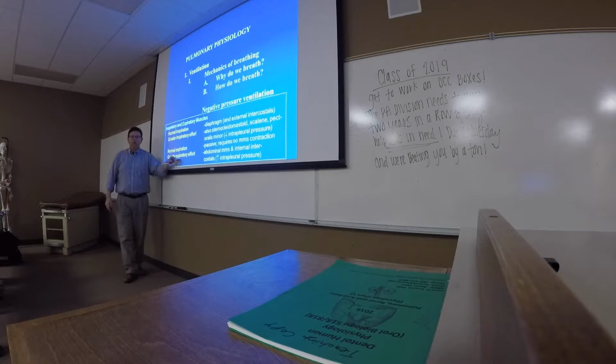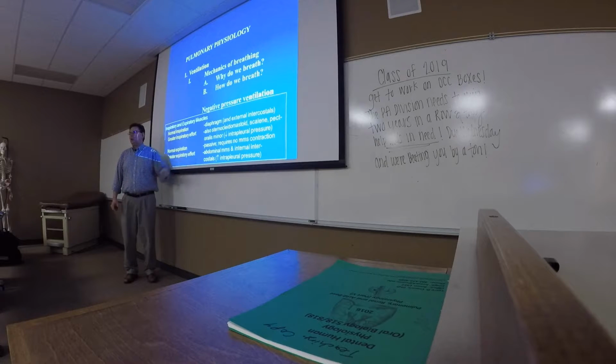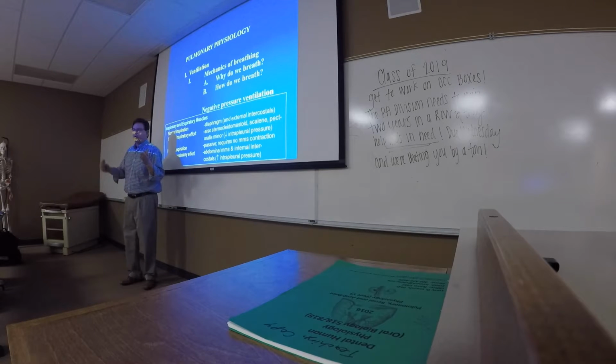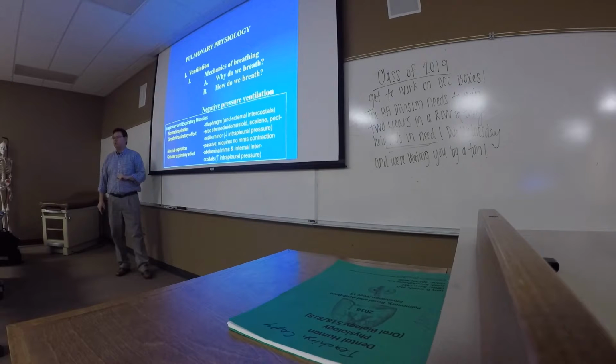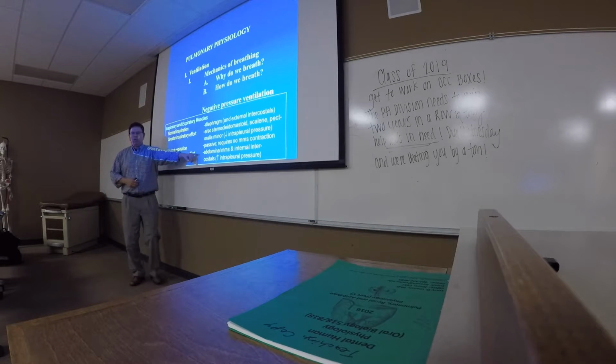Now, if we are going to do a maximum expiratory effort, when you're just standing here, if you're going to go from this relaxed point and exhale out deeper, that requires muscle contractions. That's the abdominal muscles and the internal intercostals. The abdominal muscles are contracting, and that's driving your diaphragm passively.